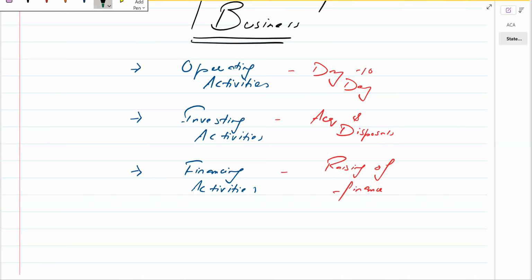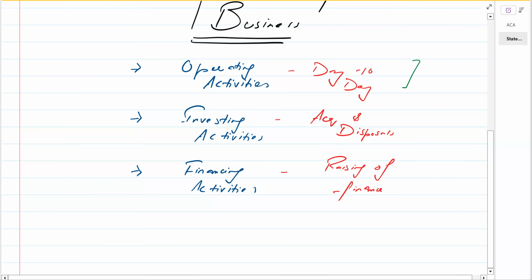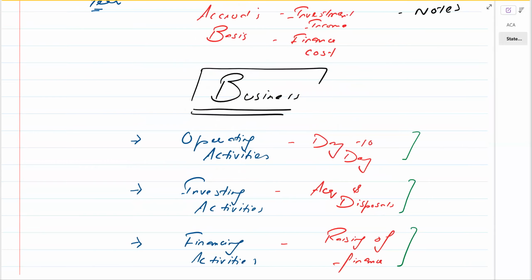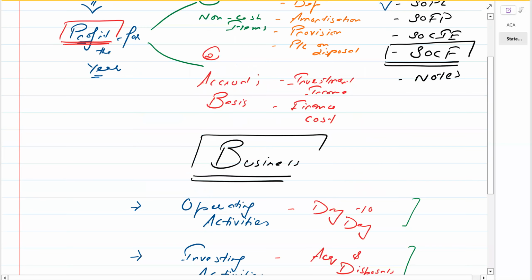They need to know what cash flow is coming from the day-to-day activities, from the investing activities, and from the financing activities. So when you prepare the statement of cash flows, there will be three sections: cash flow from operating activities, cash flow from investing activities, and cash flow from financing activities.